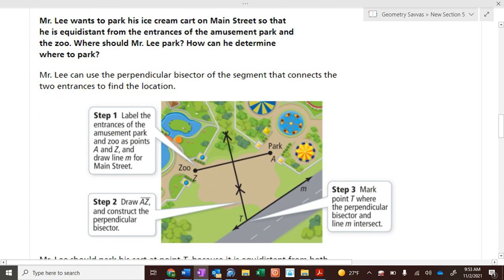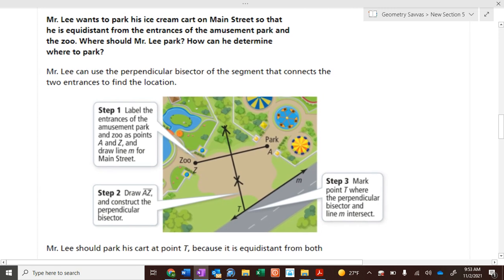So here's Mr. Lee, and here's his conundrum. Mr. Lee has an ice cream cart, and basically it's a food truck, okay? Say he has a food truck, and he needs to park the same distance away from the park entrance as it is from the zoo entrance. Where should he park along the street so he's the same distance away from the park entrance and the zoo entrance?